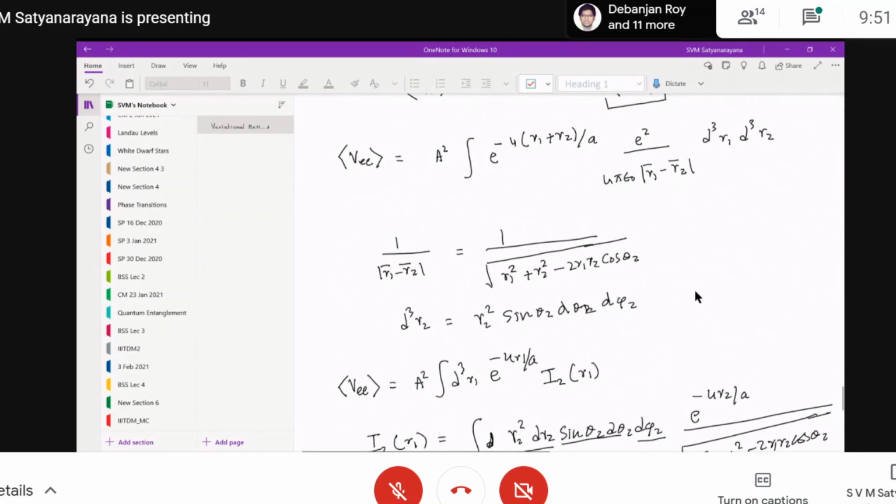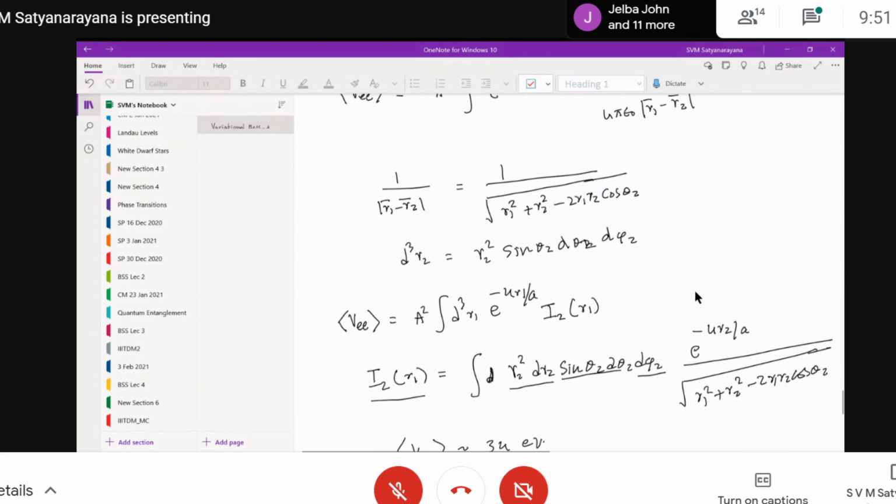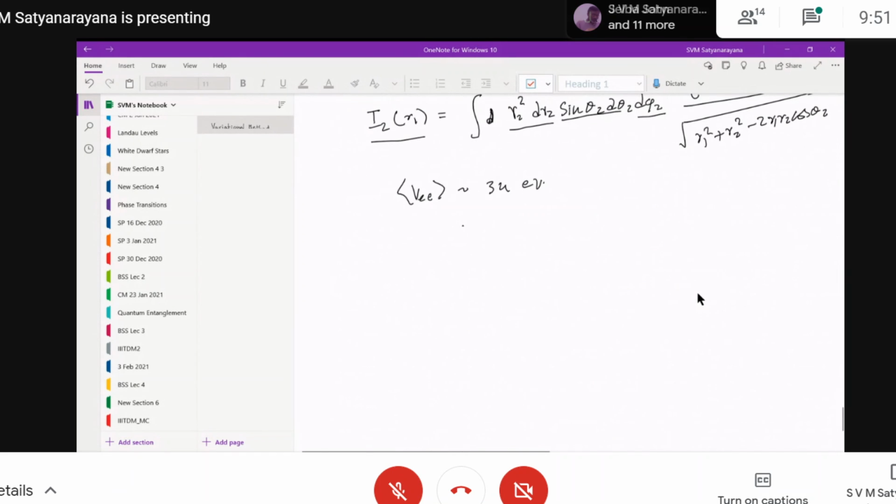Now minimize the ground state energy over Z prime, and you will see that this Z prime is a number something like 27 by 16, which is roughly 1.69. That means it is less than 2.